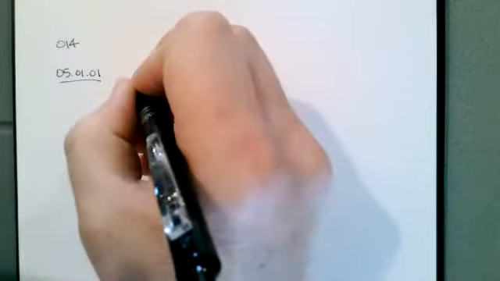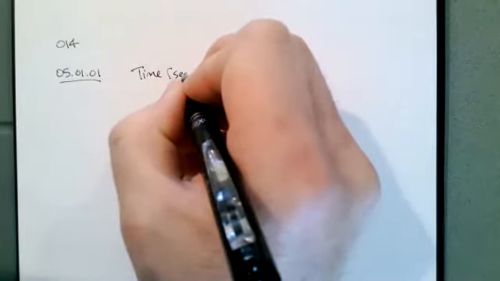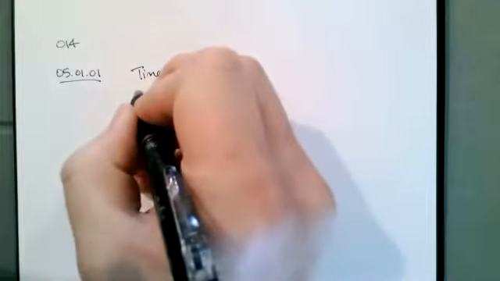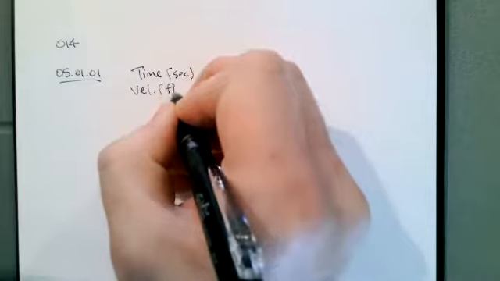Let me center my board. We got time since brakes applied, so time. Chapter 5, section 1, problem 1. So we've got time measured in seconds, and we've got velocity in feet per second. How old school of us.